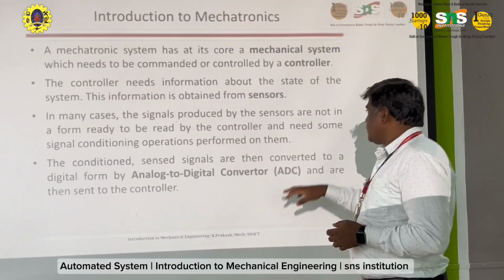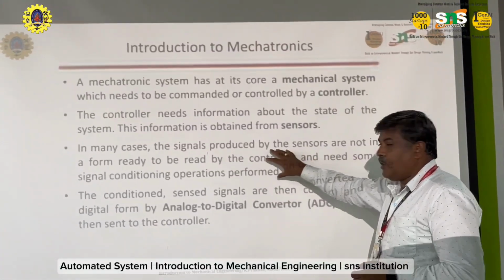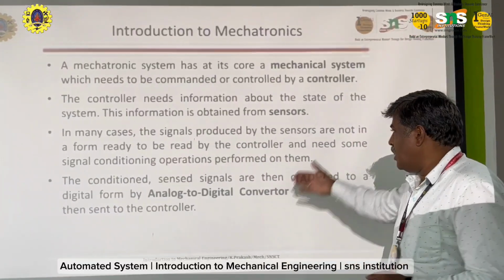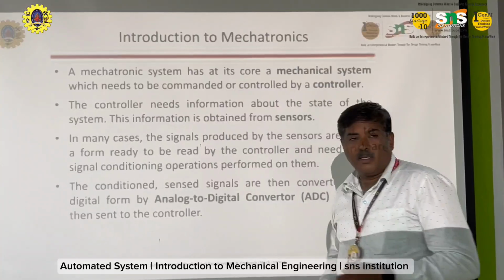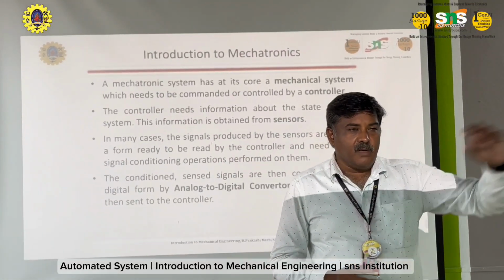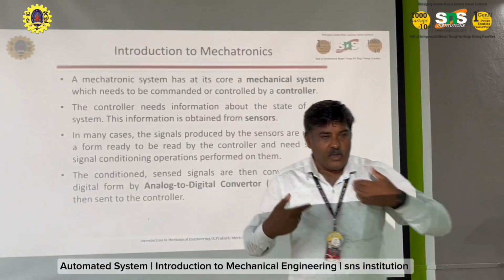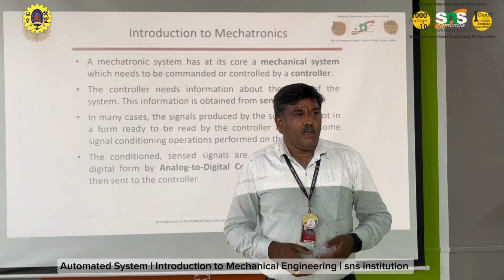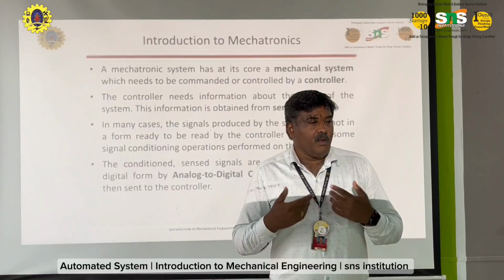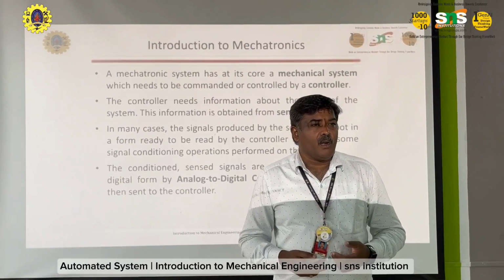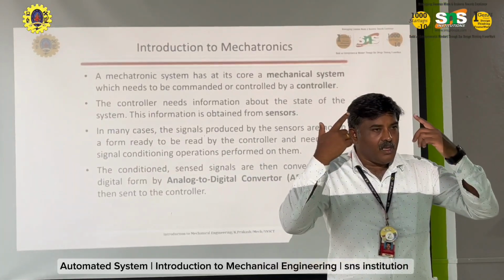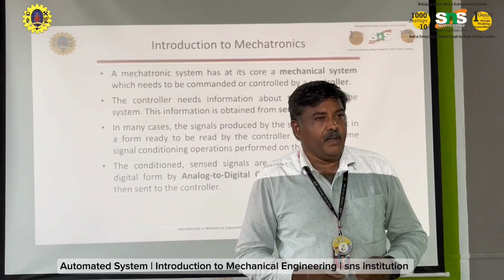With the signals from the sensors, we use controllers and signal conditioning to do the process. Sensors give a signal. For example, in our human body, if you feel thirsty or hungry, it immediately senses and gives the command to the brain.